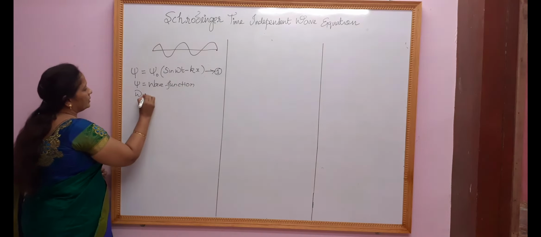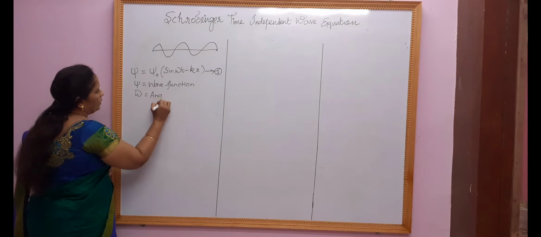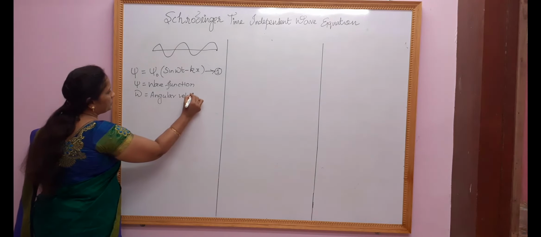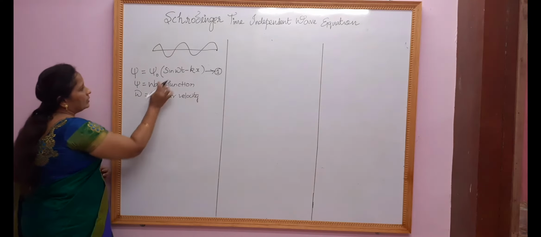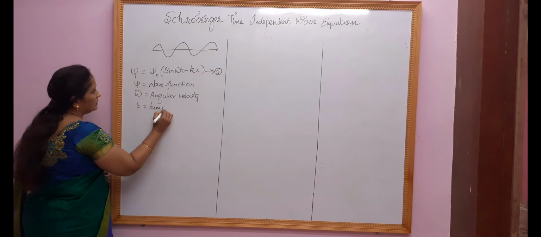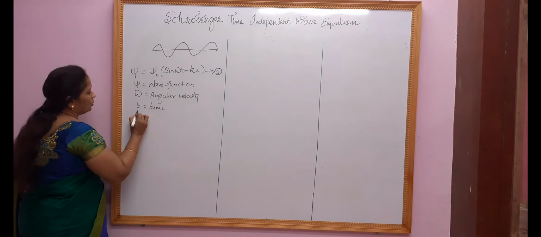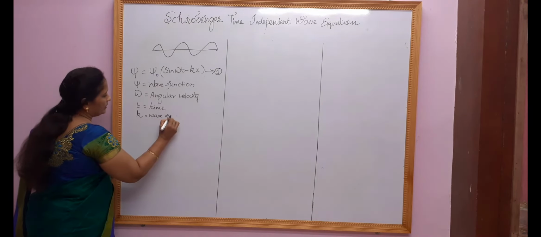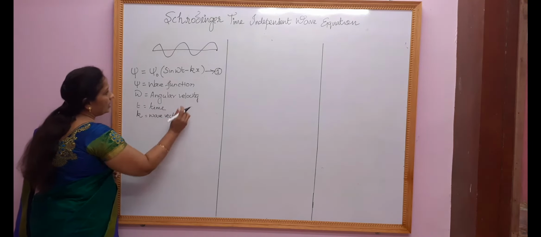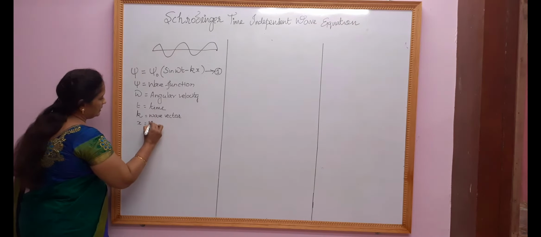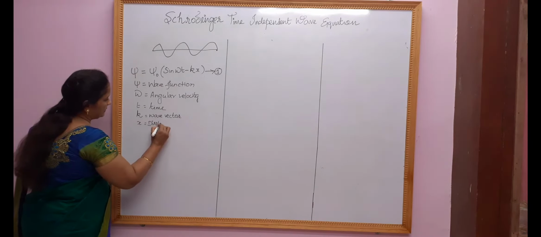Omega is the angular velocity. t is time. k is the wave vector, and x is the displacement.